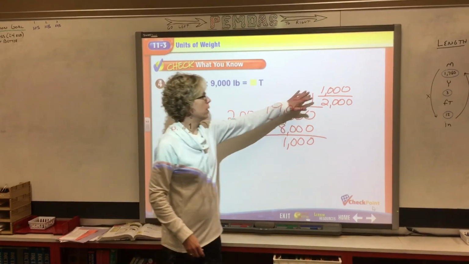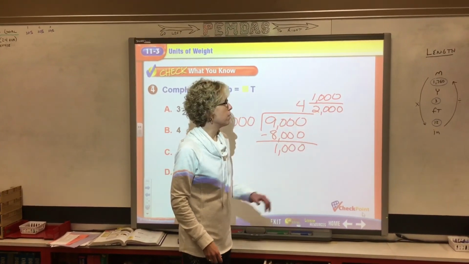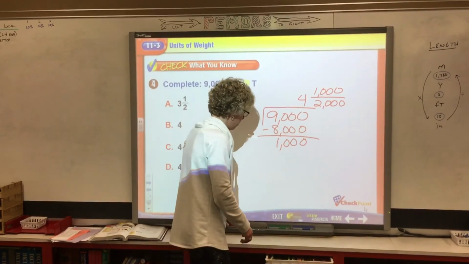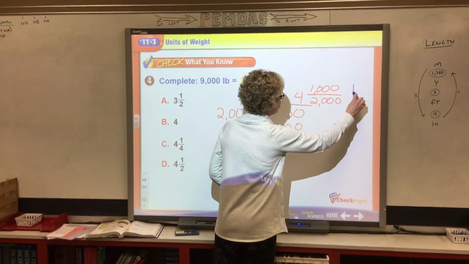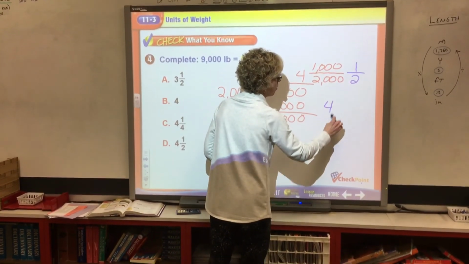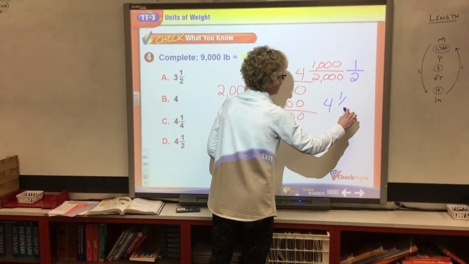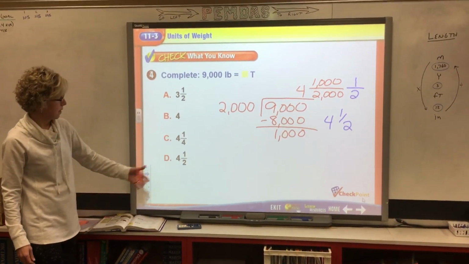Again, if your numerator goes into your denominator, that is your greatest common factor, and so that's what you're going to divide by. And we know that 1,000 divided by 1,000 is 1, 2,000 divided by 1,000 is 2, so our answer is going to become 4 and 1/2, and we see that over here.